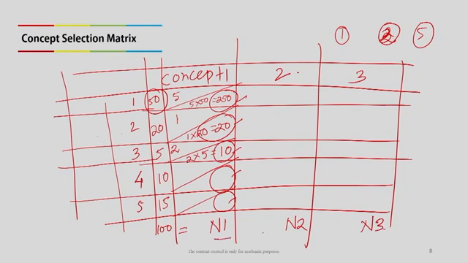Now compare N1, N2 and N3, which one is more? Among N1, N2 and N3, the highest number will be selected in this matrix. It is simple. Thank you for listening to this lecture.